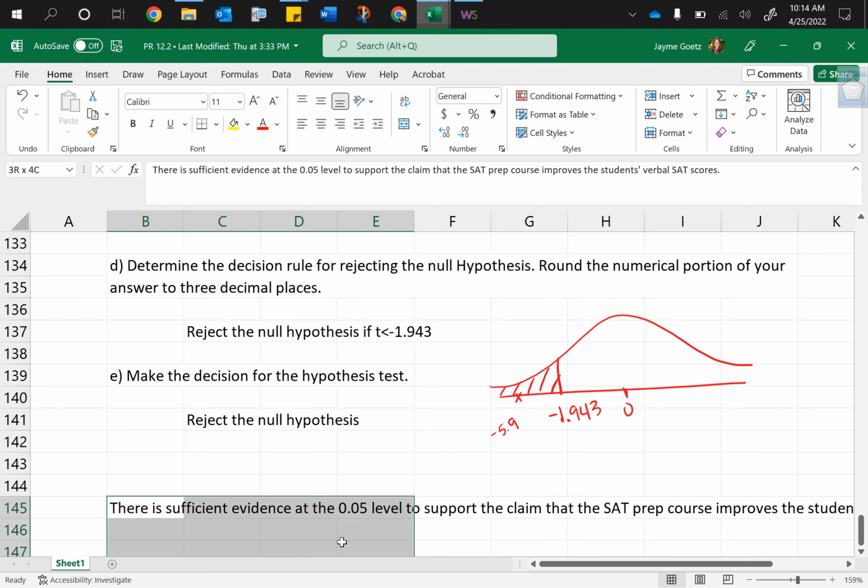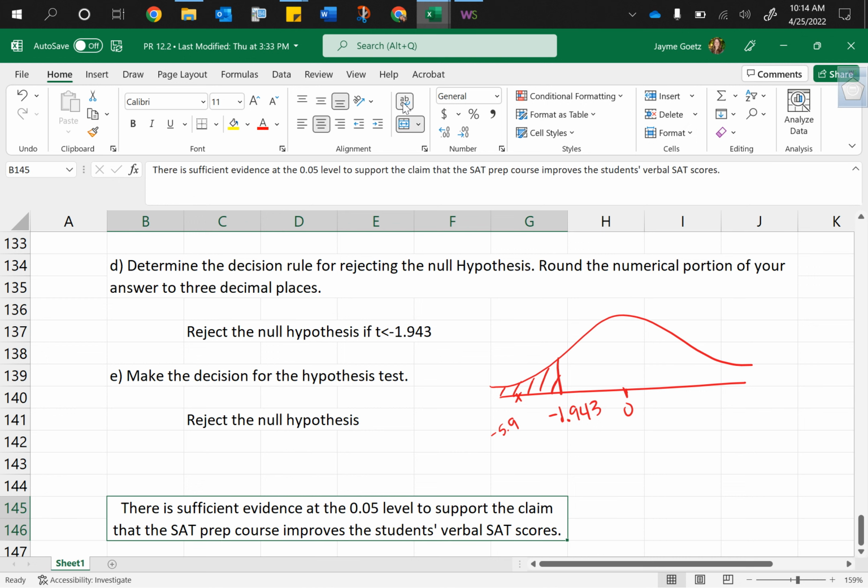And then if you want, if you're like, I can't really read that, you can merge and center and wrap that text so you can see it.